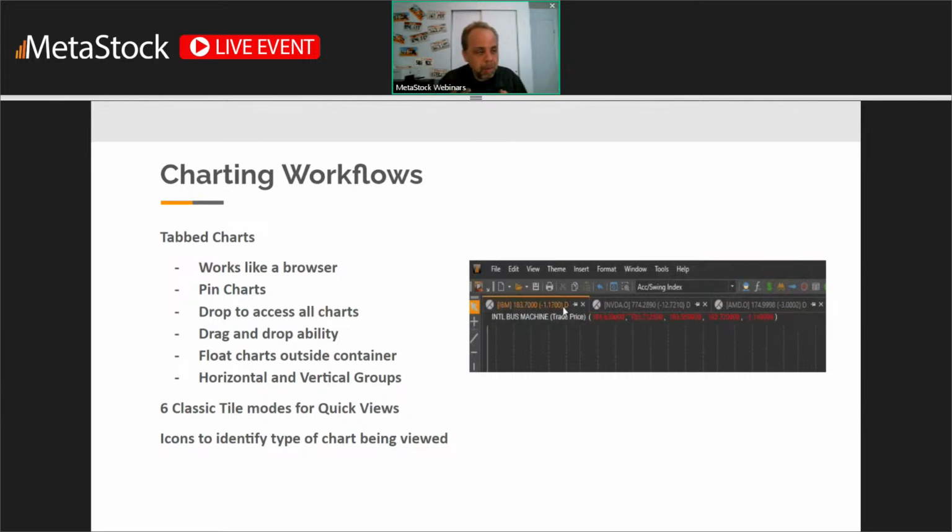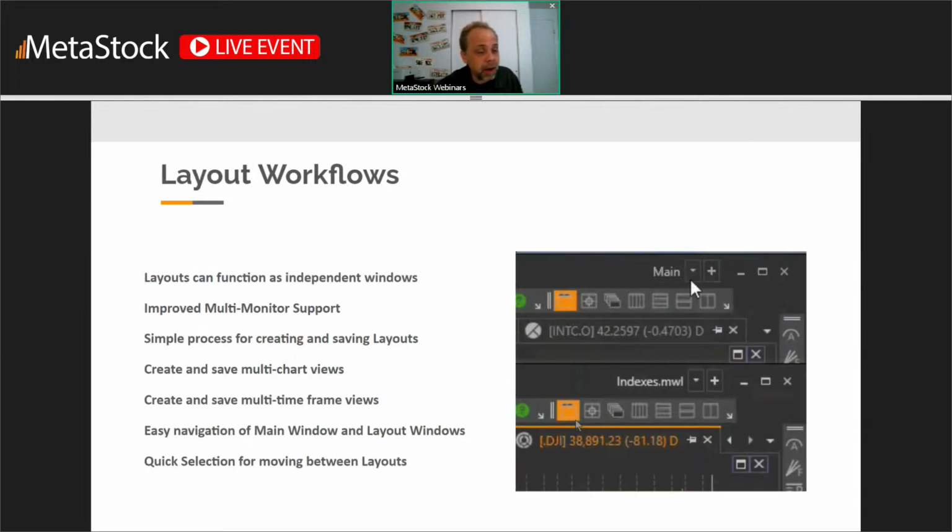In a lot of different places, you'll notice all of the icons are brand new. They were all redrawn. All of the interfaces were modernized. And we've spent a lot of time thinking about how to make MetaStock look as clean as possible. So that's charting tabbed workflows. Let me know if you have any questions about that.